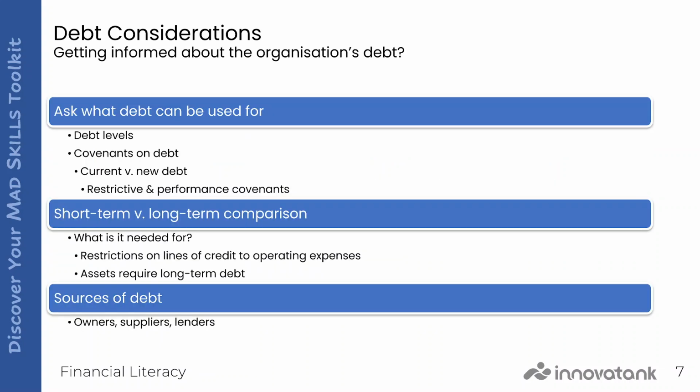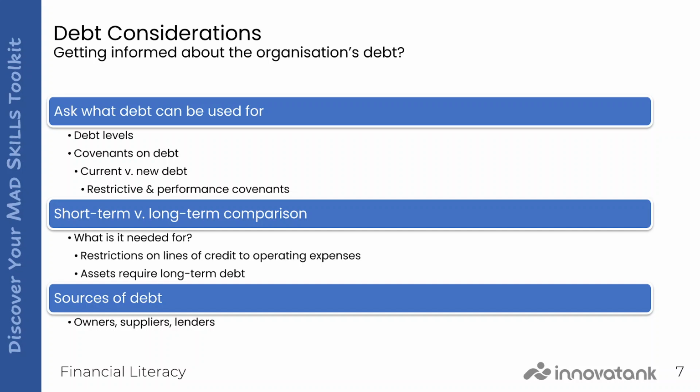In terms of debt considerations, you want to get informed about it. Ask what it can be used for. So what are the debt levels? Can you increase it, decrease it, etc.? Are there covenants? What happens with current versus new debt? Are there restrictions? Are there restrictive or performance covenants based on those? You want to look at the short-term versus long-term. What does it need it for?